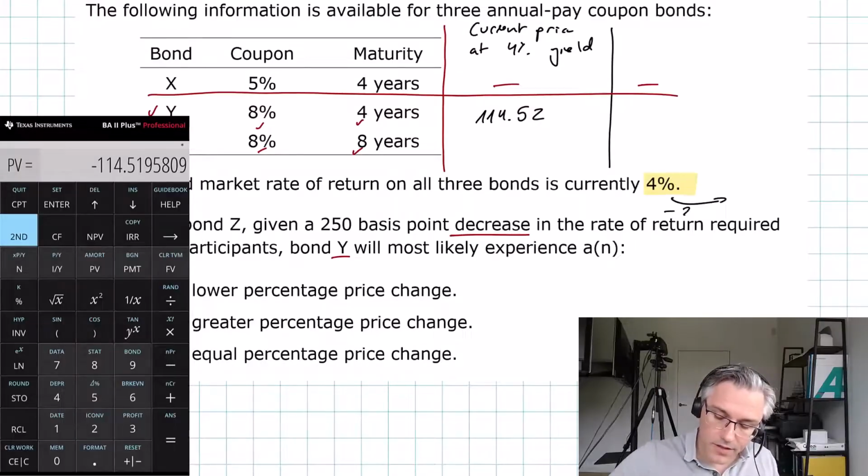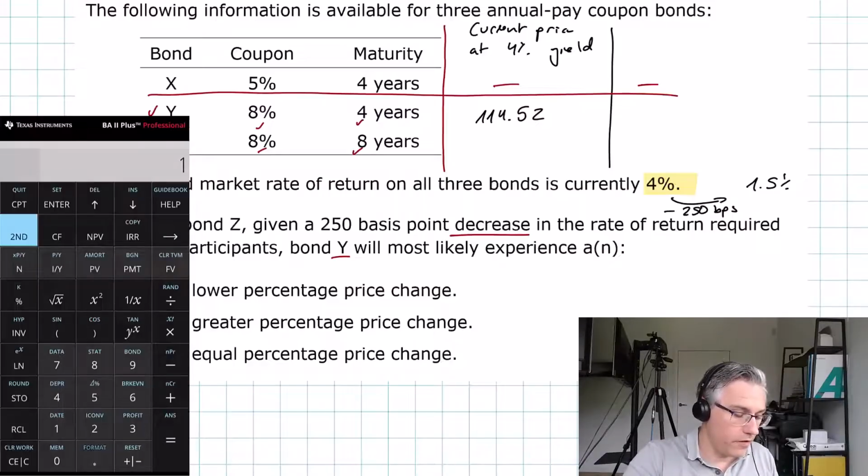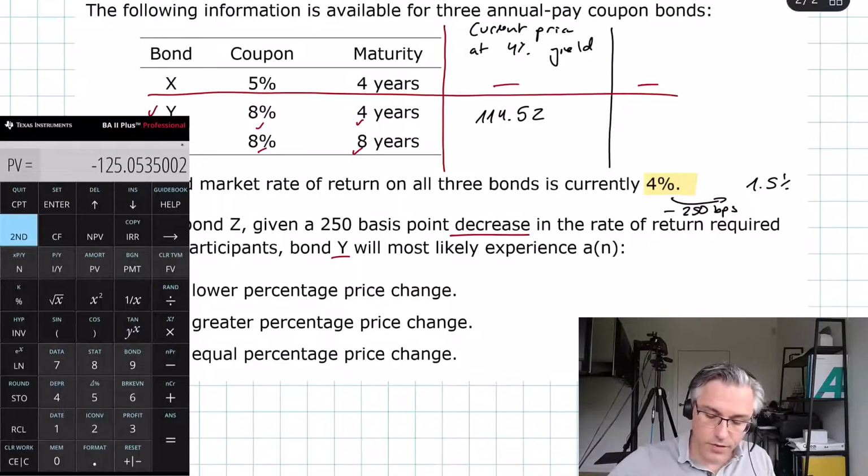Now, this is going to be minus 250 basis points, so we will be going down to 1.5%, won't we? 1.5 I/Y, compute PV again. You can see the price has really shot up to 125.05. So this is the new price at 1.5% yield.